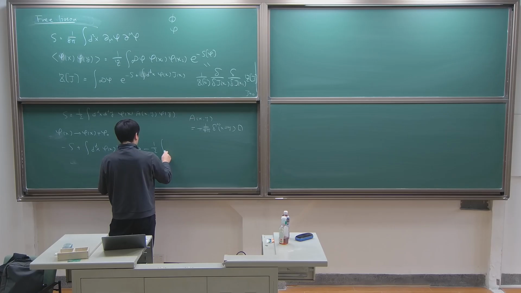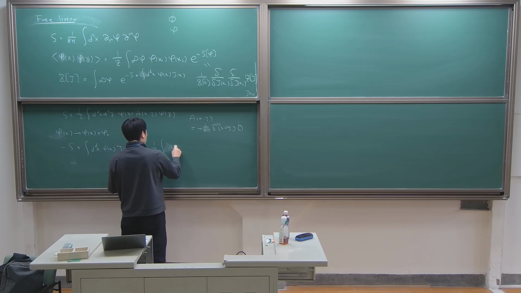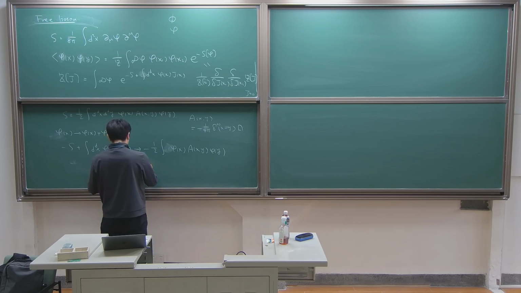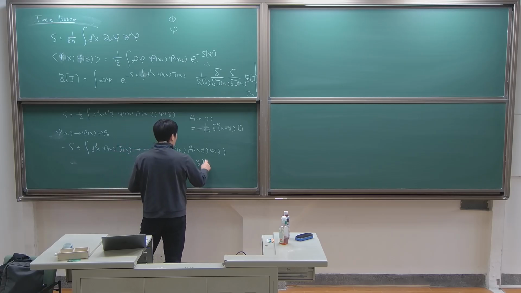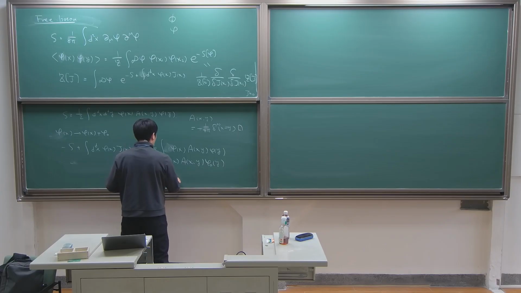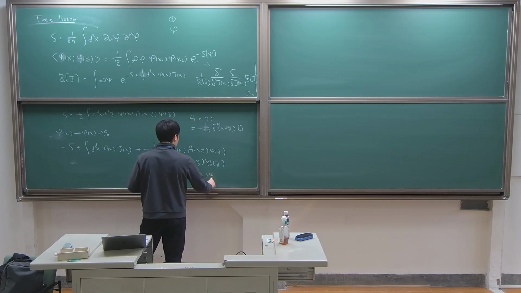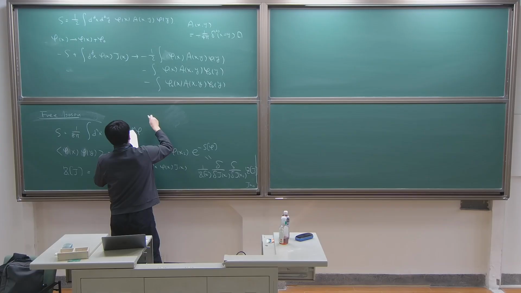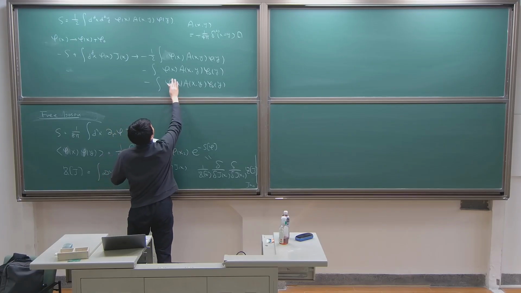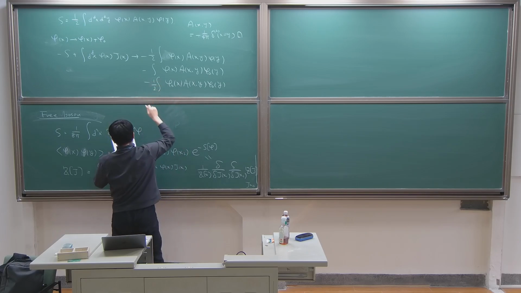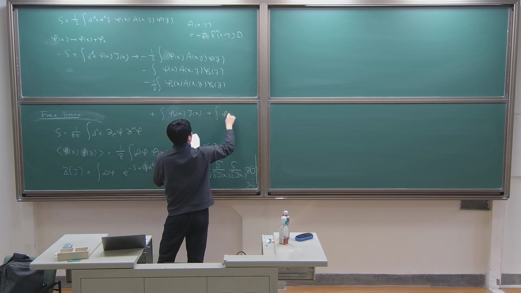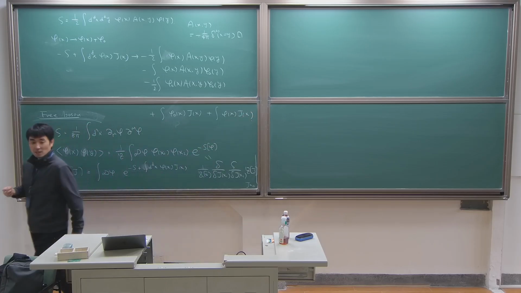I will just be schematic and omit the details: phi of y, minus phi of x, phi 0, and one half, then plus phi 0 of x j of x plus phi of x j.